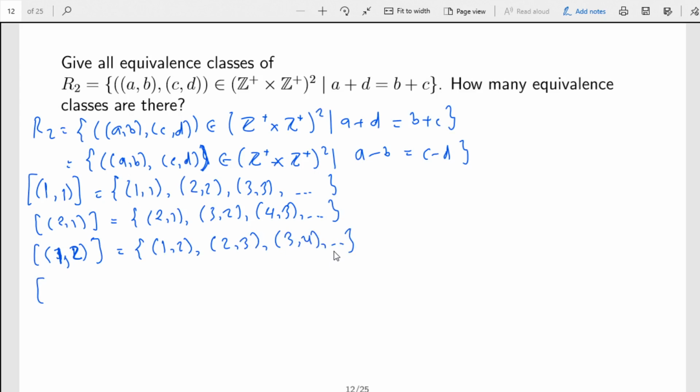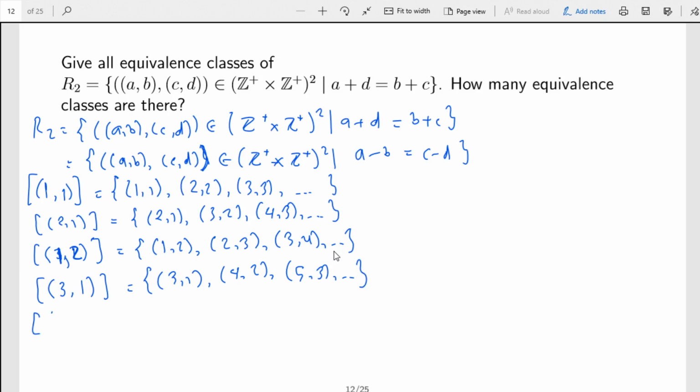We have another example here, say (3, 1), which contains (3, 1), (4, 2), and (5, 3), and so on.